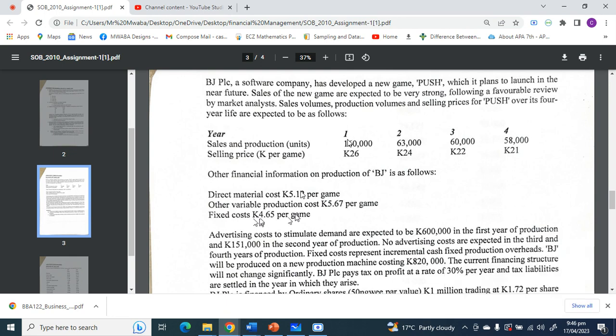All right. So if you produce 160,000, your total fixed cost is going to be 160,000 times 4.65.